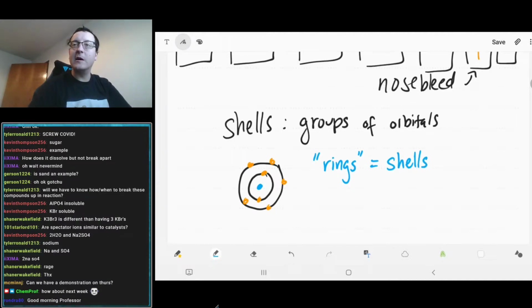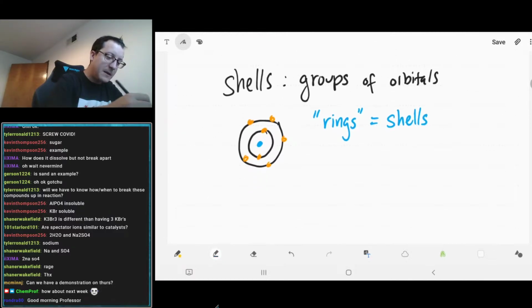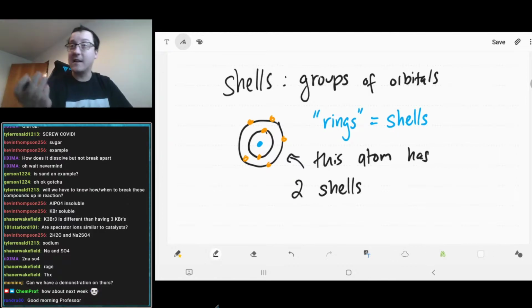And so in the Bohr model, you can just stick as many electrons that can possibly fit into these shells, and that's kind of how that model looks, right? So in this case, if we're looking at this particular example, this atom has 2 shells that's signified by the 2 rings.